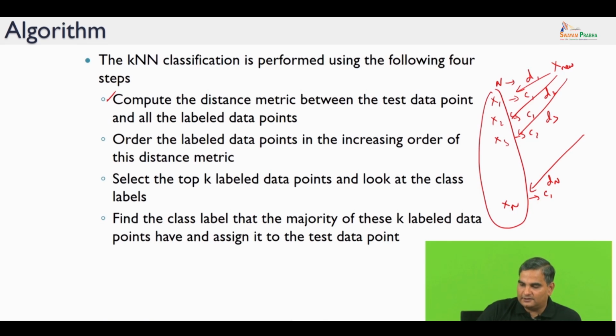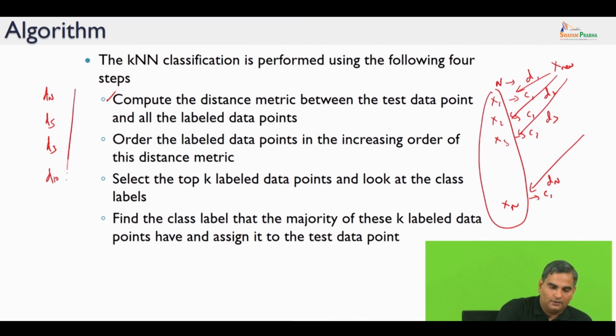Once we have these distances, we look at all of them and order the distances from the smallest to the largest. So let us say if dn is the smallest distance, so it may be d5, d3, d10, whatever it is.